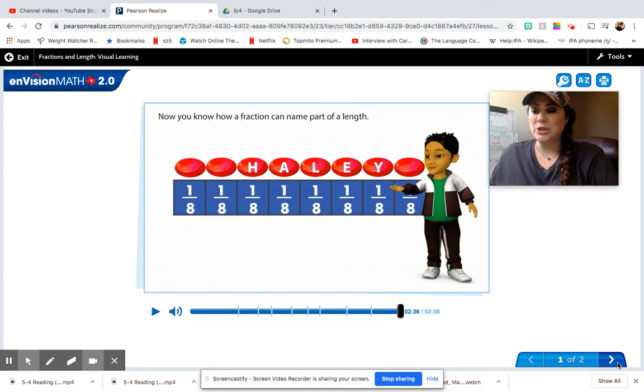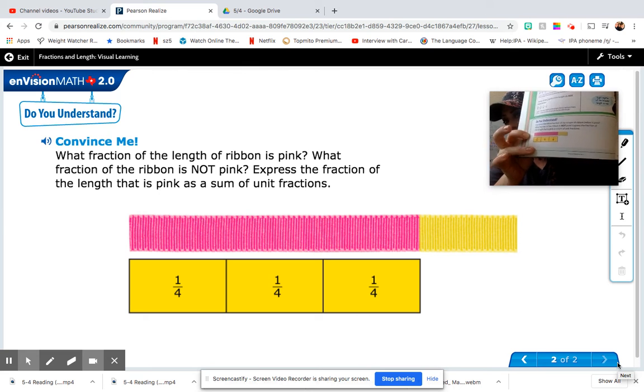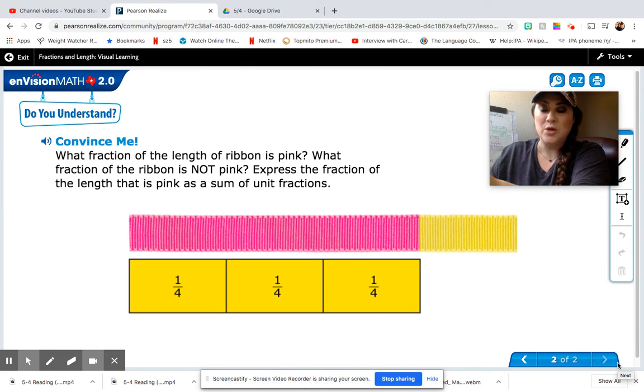Now, I want you to look at the bottom of page 590. And that is the question that you are going to answer for your assignment today. It says, what fraction of the length of ribbon is pink? If you notice, this ribbon is pink and yellow. What fraction of the ribbon is not pink?